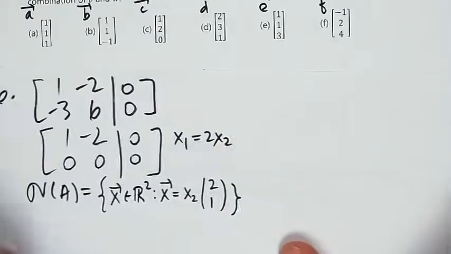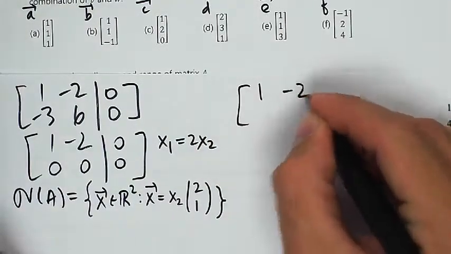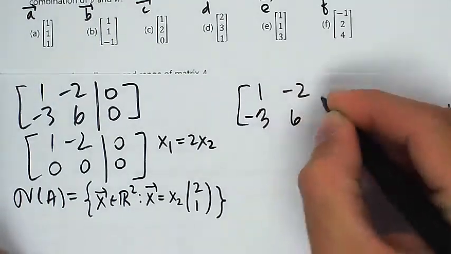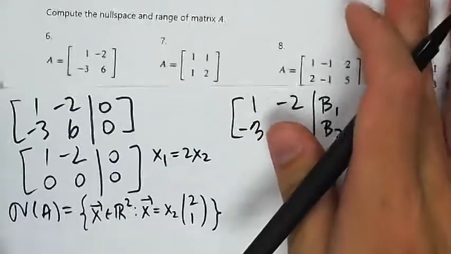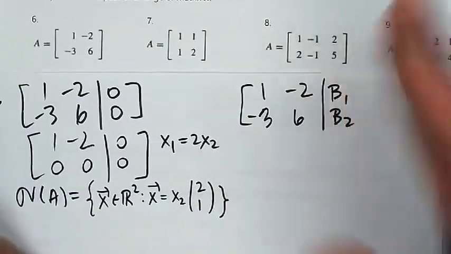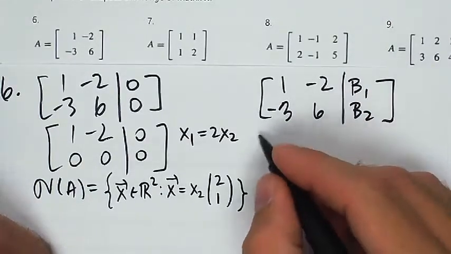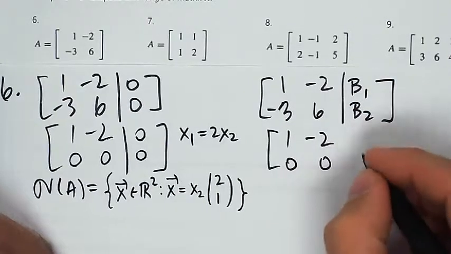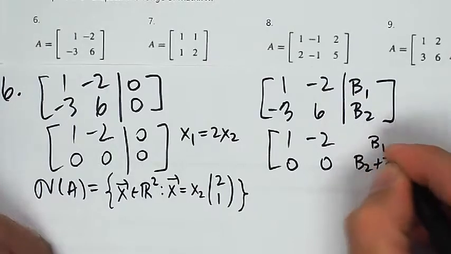And I'll slide over here and do the exact same thing. 1, -2, -3, 6, augmented with B1 and B2. Oh, whoops. I'm going to row reduce. I'm going to get 1, -2, 0, 0, B2 plus 3B1, and still B1.